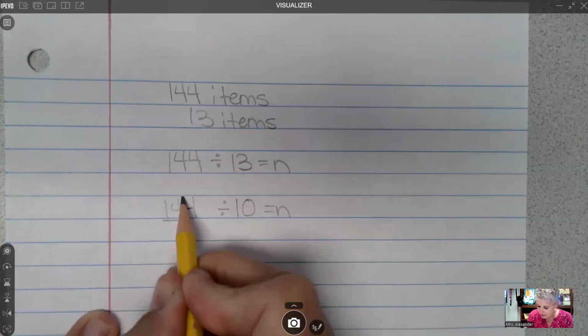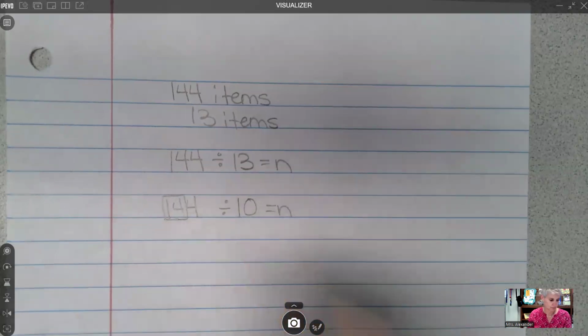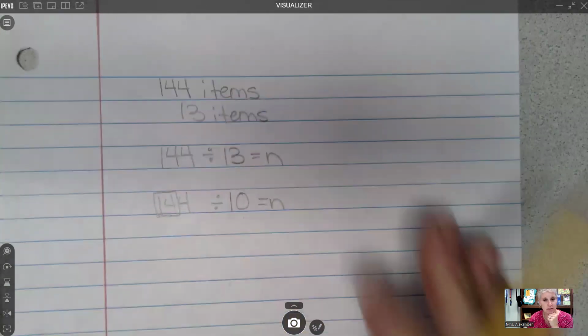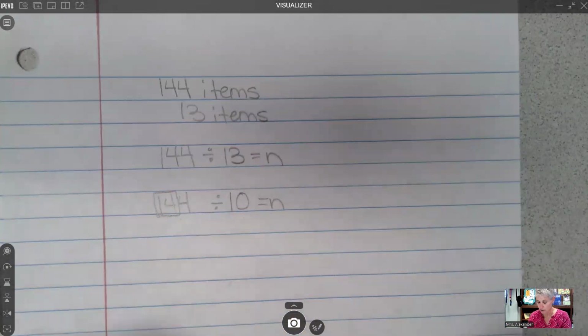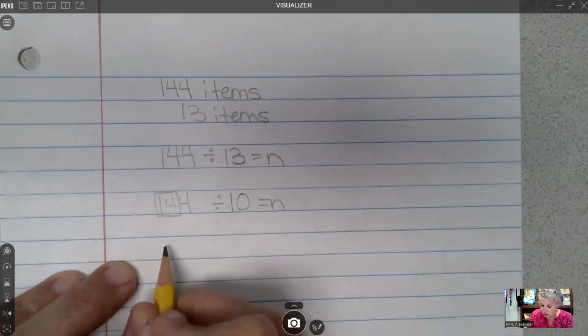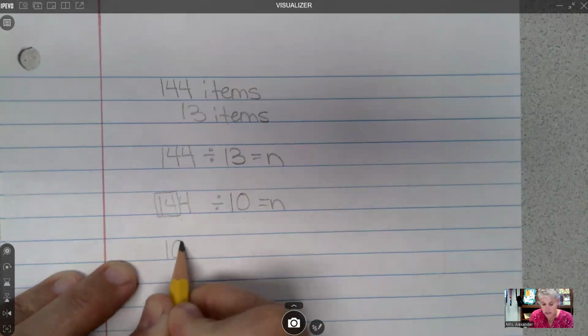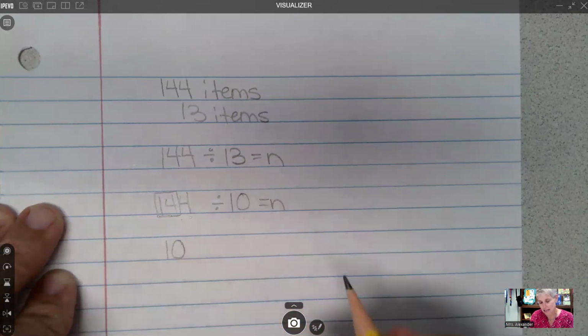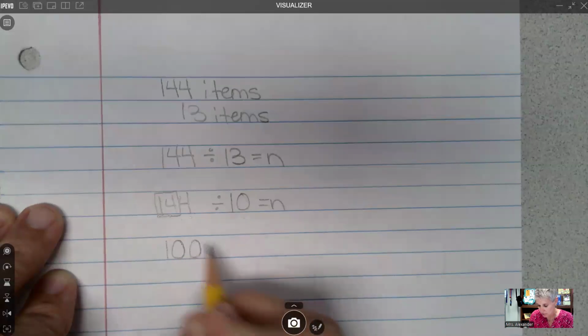And I could just look at this 14. So to make it compatible or work with the 10, what would I change that 14 to? I would probably just change it to a 10. It's close. 14 and 10 are close to each other. Remembering that anything outside of that box becomes a 0.